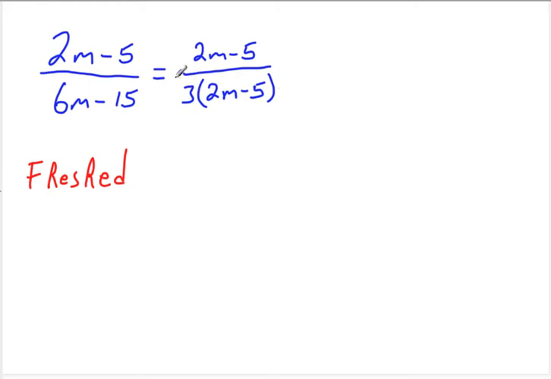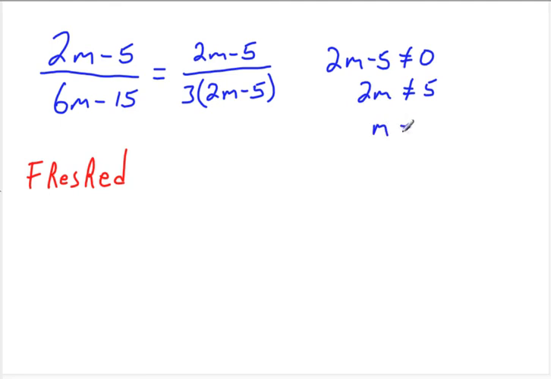Now I will restrict. 3 obviously is not 0, but this 2m minus 5 is not allowed to be 0. So how do I do that? We'll do 2m minus 5 is not equal to 0. That's not enough. We're going to solve for m in this case. So if I add 5 to both sides, I get 2m is not equal to 5.